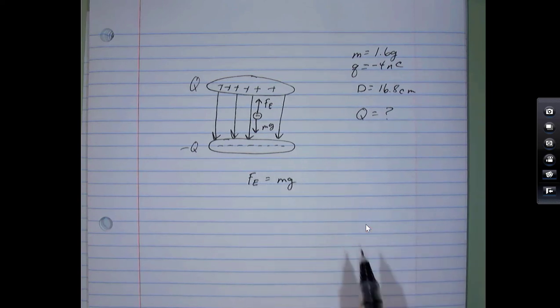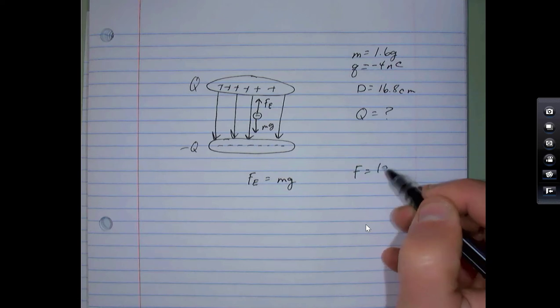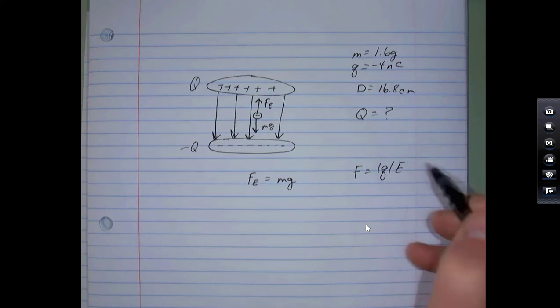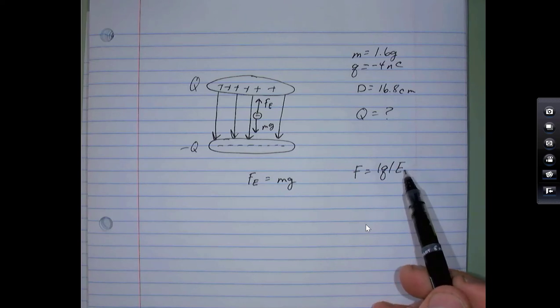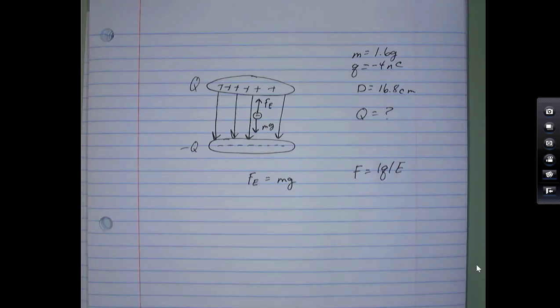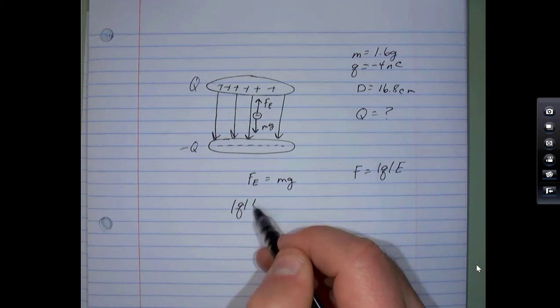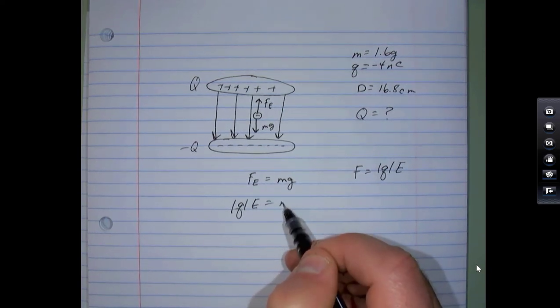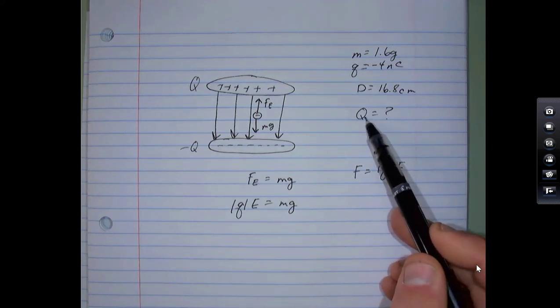Now the electric force, this is our first problem that we've seen with this, is the charge times the electric field. Right? That's the use of having an electric field. So I can put that in here for the electric force. So QE has to be equal to mg. We're getting somewhere. We don't quite have what Q is yet.